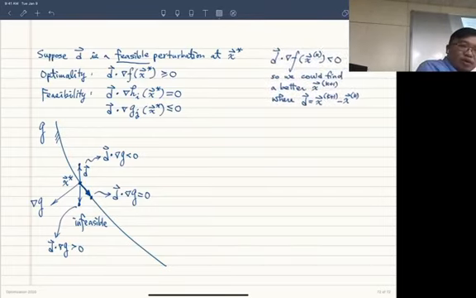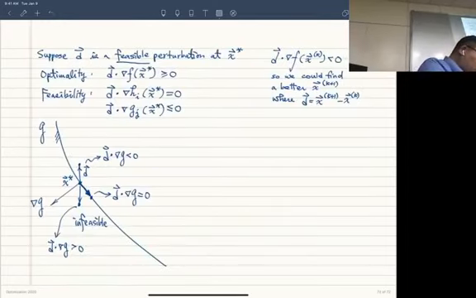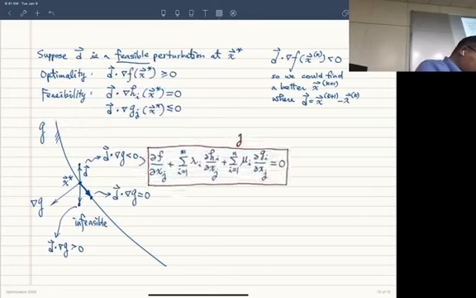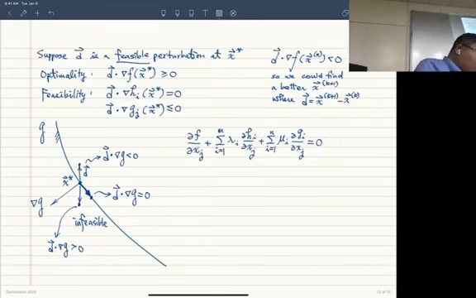So let me paste this here. Okay, this is what we had earlier, and then we would like to have this whole thing dot product with d. So now let's try it.